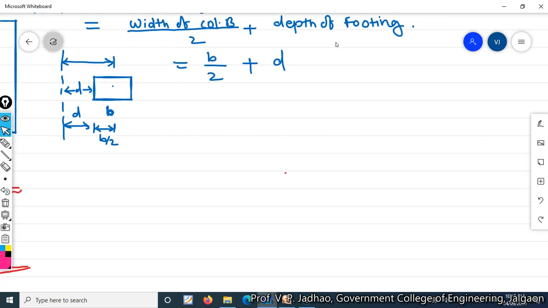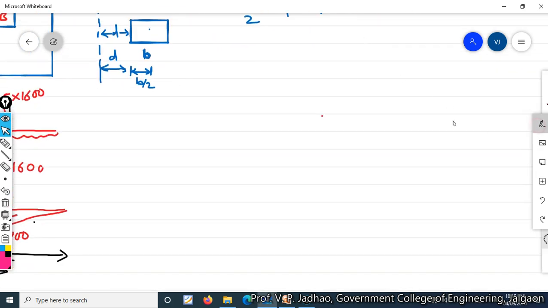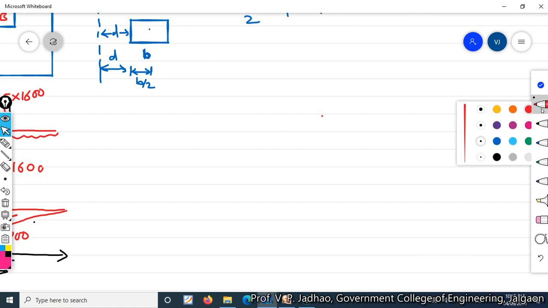Now we can calculate this, but that is not required. Now we have the value of shear force Vu, which is acting at the critical section.